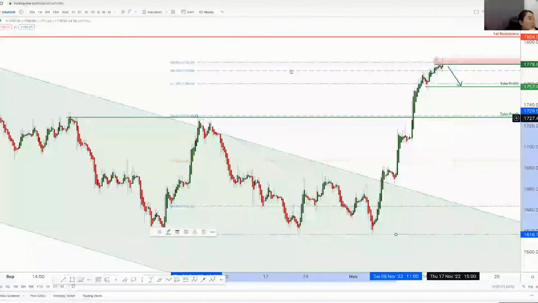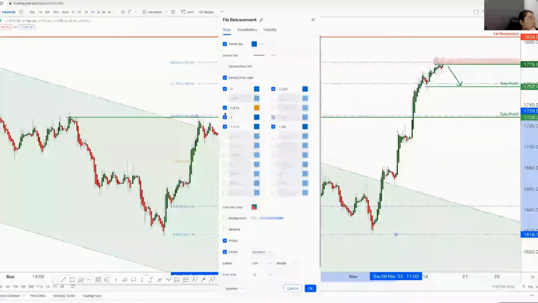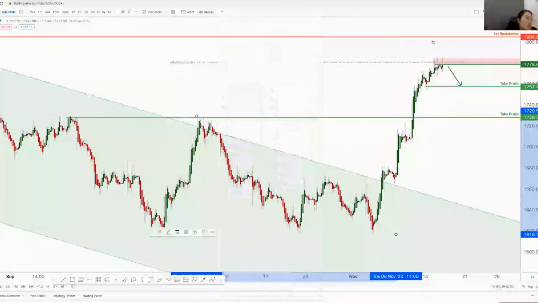The 1.45 fits nicely there. Although 1.45 is not a level that price usually reverses on, it is still a level to consider. Let me see what else I can combine there.